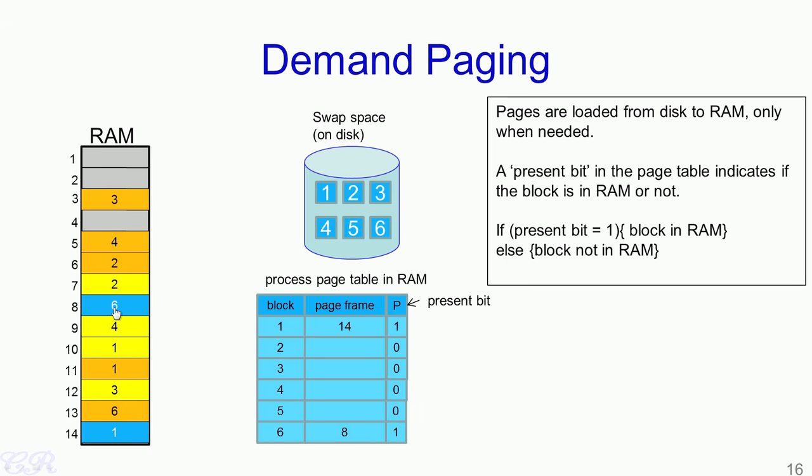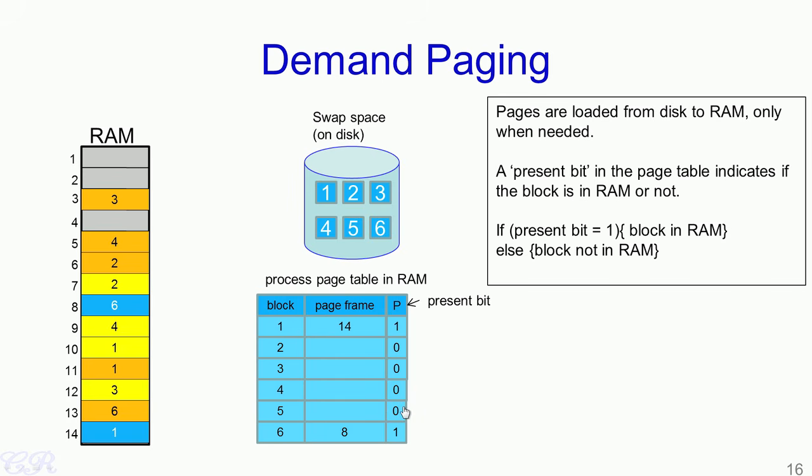Now, let us assume that there is an instruction which is executing in page frame 8 that corresponds to block 6 of the process, and it has resulted in a load or a store to a particular memory location in block number 5. So, the processor is going to look up the process page table entry corresponding to block number 5 and see that the present bit is set to 0.